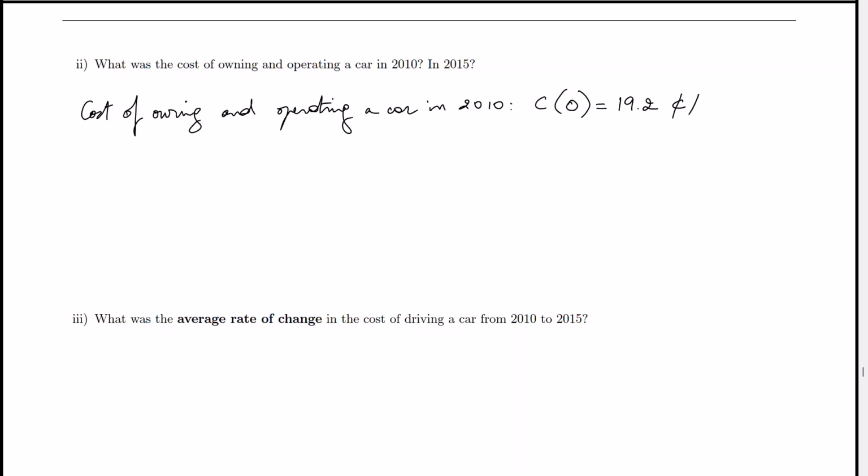And remember, this is cents per mile. You can either write it like cents with a little fraction sign and mile underneath it, or you can write cents per mile with actual letters. So that's the cost at 2010, and what is the cost in 2015? I'm going to have to do something similar.